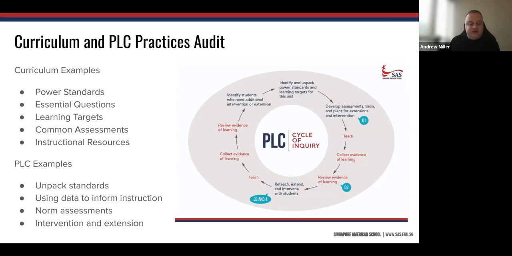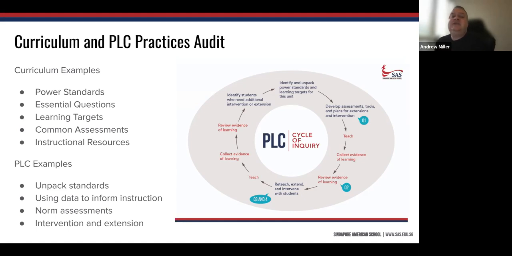It might have, for example, a Likert scale about unpacking standards, such as, our team unpacks standards to understand the essential learning together, and they might rate strongly agree or strongly disagree. Or, our team uses data to inform our regular instructional practices. Or, our team norms our assessments before giving them to students. Our team plans for interventions, our team plans for extension, etc.